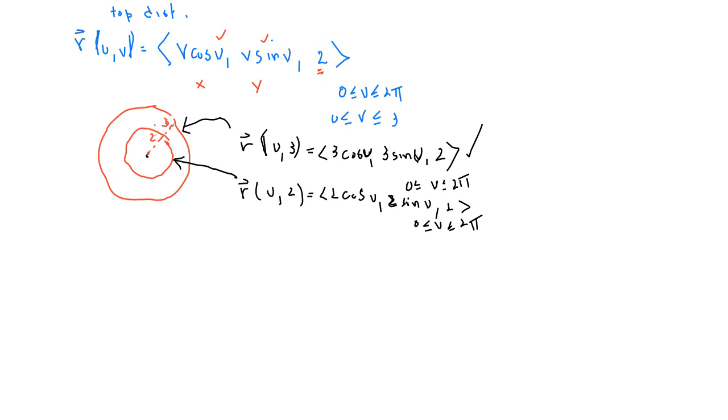That would be the next space curve. 2 times the cosine of u is the x component, 2 times the sine of u, and then the height is 2. Please give me a thumbs up if you're good with that.